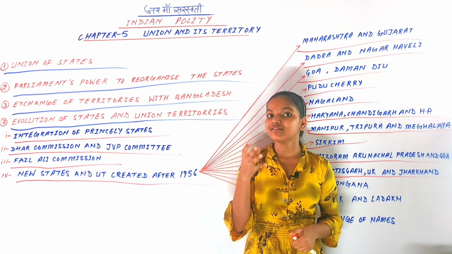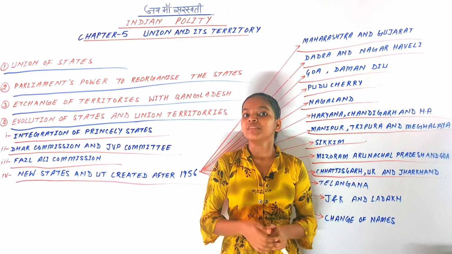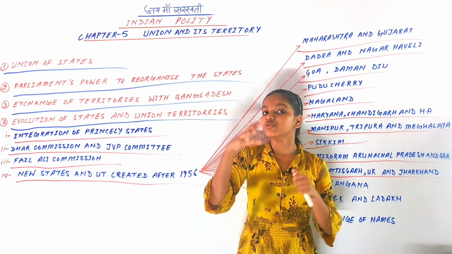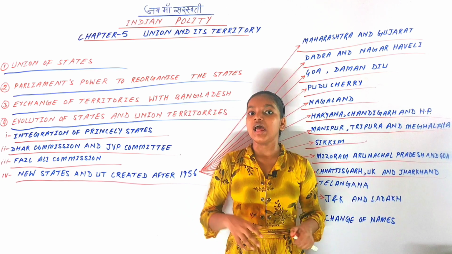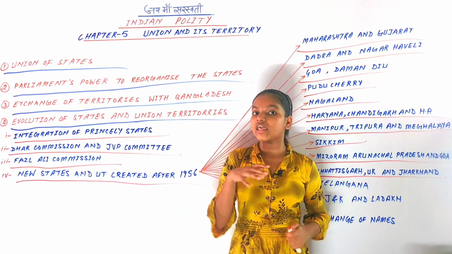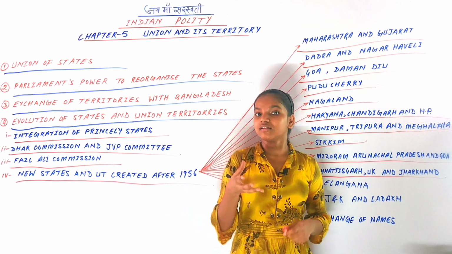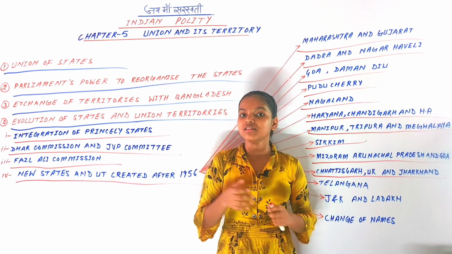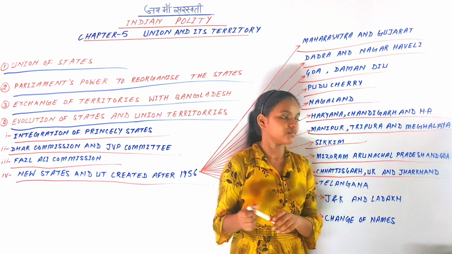Chhattisgarh was created by separating from Madhya Pradesh, Jharkhand from Bihar, and Uttarakhand from Uttar Pradesh. Subsequently the number of states in the Indian Union became 28: Chhattisgarh 26th, Uttarakhand 27th, and Jharkhand 28th.